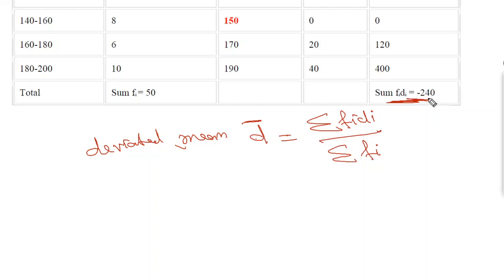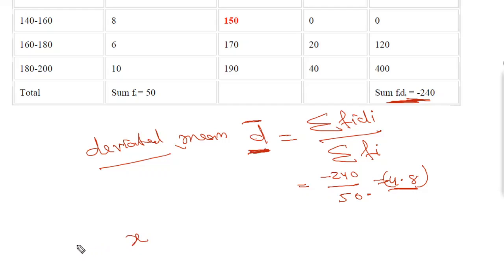Sum of fi di is equal to minus 240, divided by 50. The 0 will be cancelled, 5 4 20, 4.8, so it will be equal to minus 4.8. So you have a deviated mean, or d bar, equal to minus 4.8.